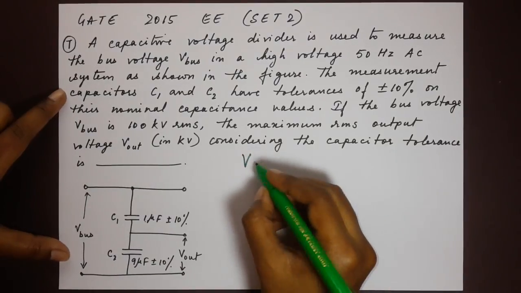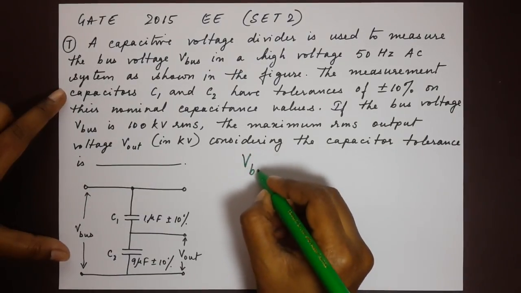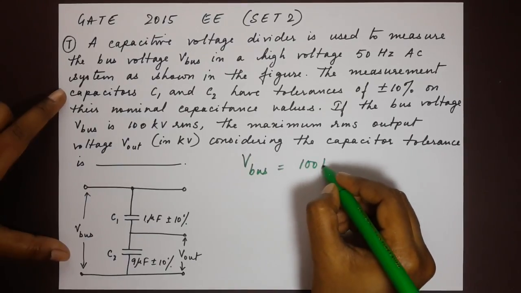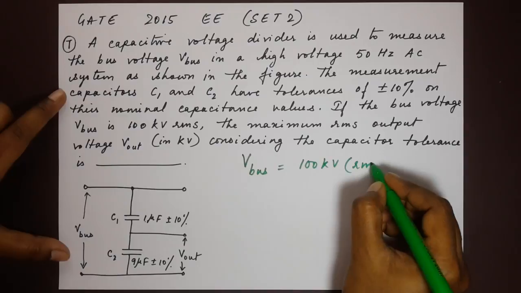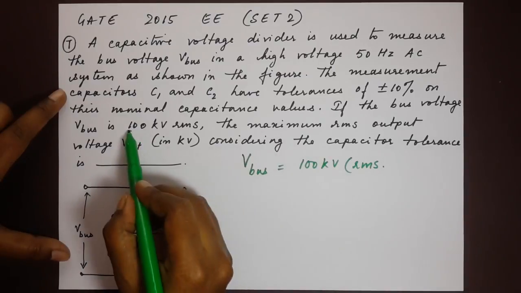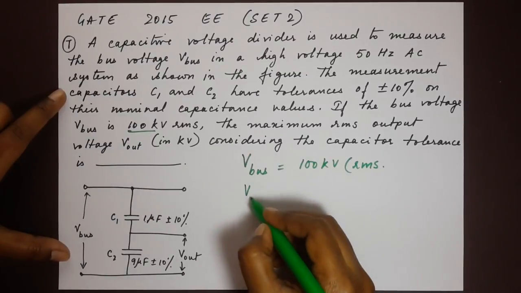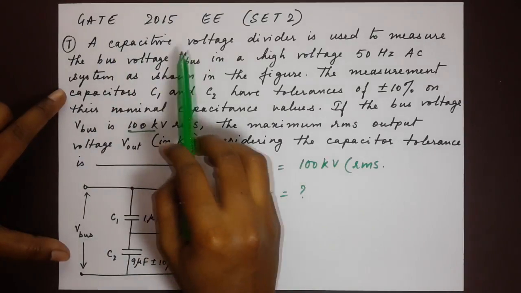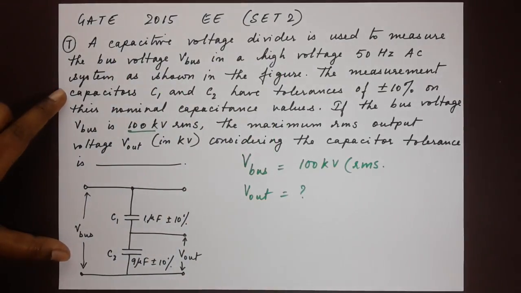So let me write this down here. We have Vbus given to us as 100 kilovolt RMS, right? And then we have to find out what Vout is. Since this is a capacitive voltage divider, we go back to our basics and use the voltage divider formula.